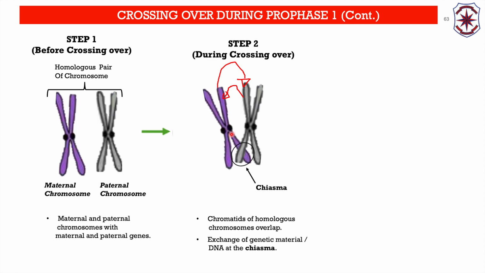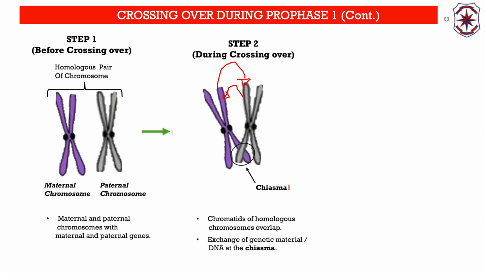Okay, now there is only one point of overlap there. They overlap at one point, but it is not always that they overlap at one point. They might overlap at 2 points, the bottom parts of the chromatids and the top parts of the chromatids as well. Now, it means that we would have 2 points of exchange of genetic material.